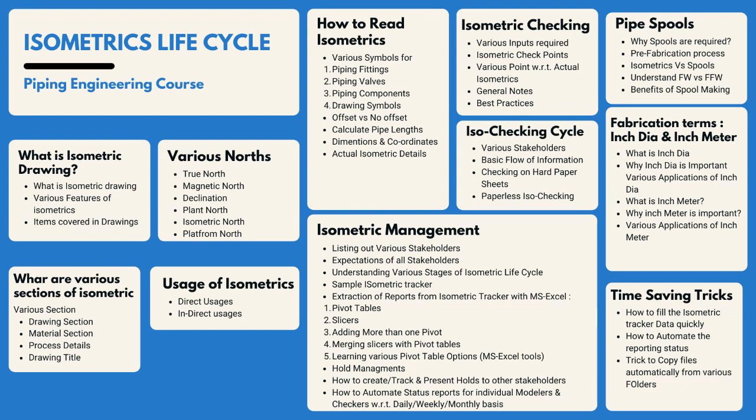Then, during the isometric phase of the project, we have to deal with so many sheets and PDF files. We will look into a few tricks to copy a list of isometric sheets, if they are staggered in different folders, into a common folder automatically. These are the kind of things we are going to learn in this section.